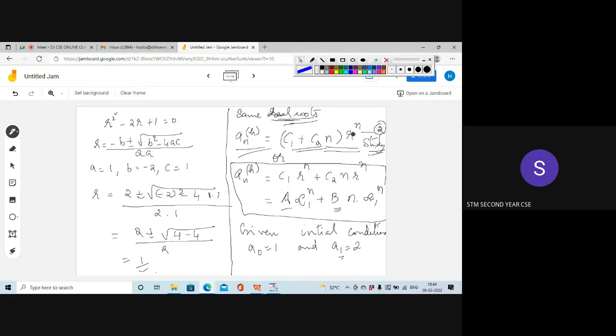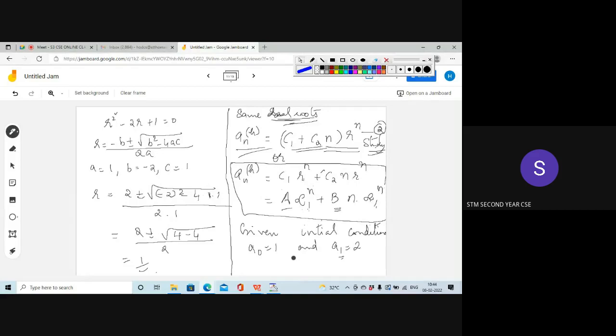Instead of C1 I can use A, instead of C2 I can use B, and instead of r I can use alpha 1. Since both roots are same, it is A alpha 1 raised to n plus B into n into alpha 1 raised to n, because we have two same roots.